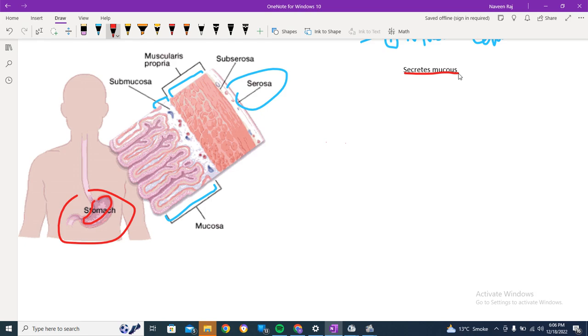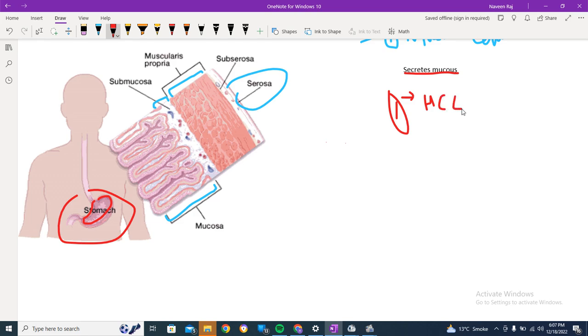The mucus cells of the mucosa layer secrete mucus, and number one, it protects from the HCl, the acidic environment of the stomach.